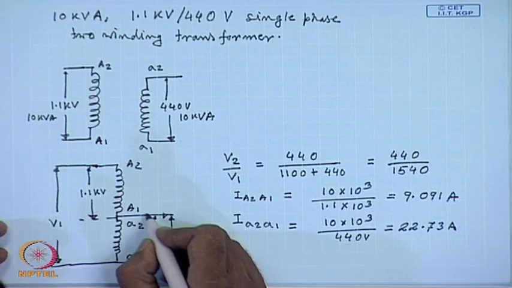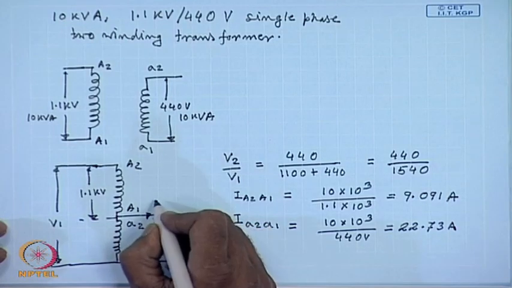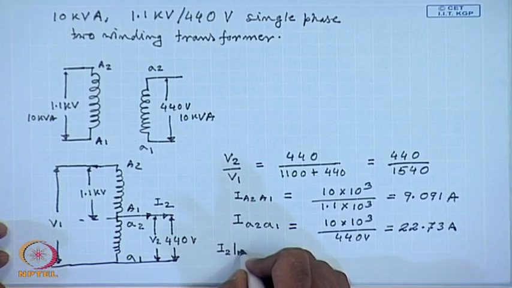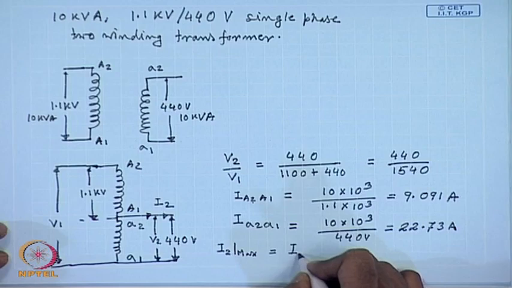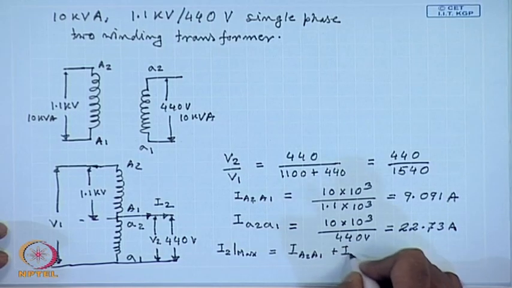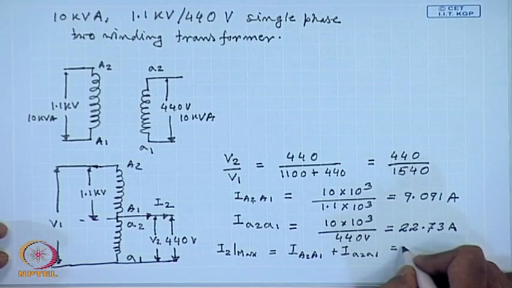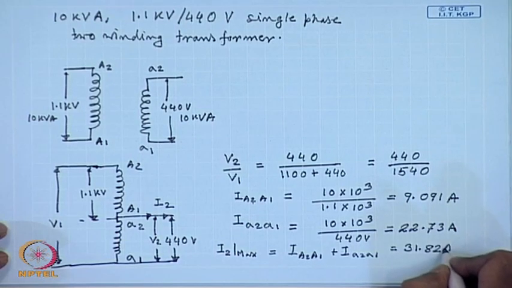Therefore, the maximum value of the output current I2 max will be the sum of these two. This should be equal to 31.82 amperes.